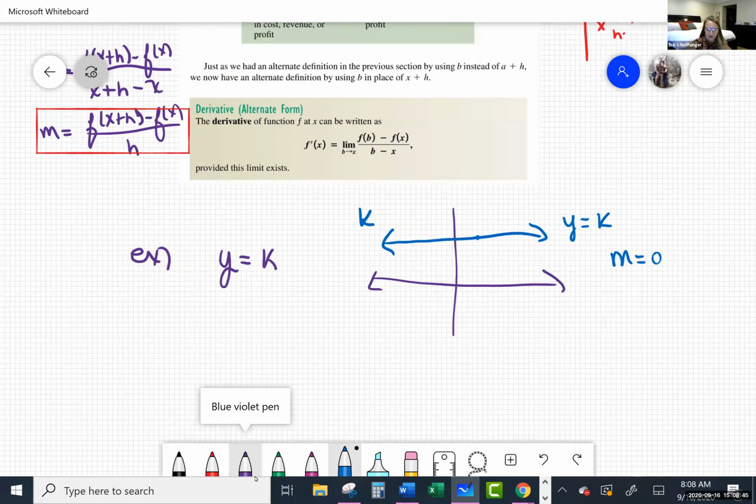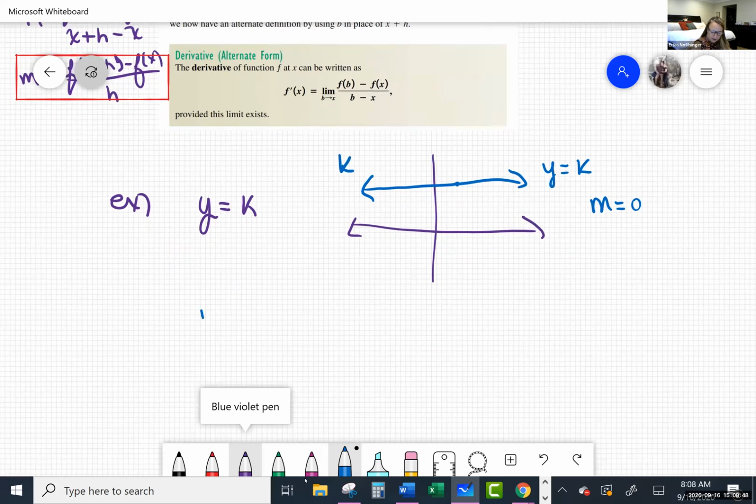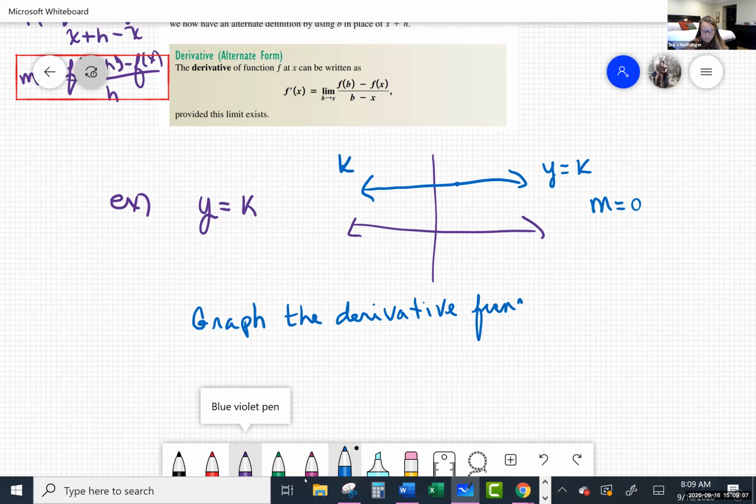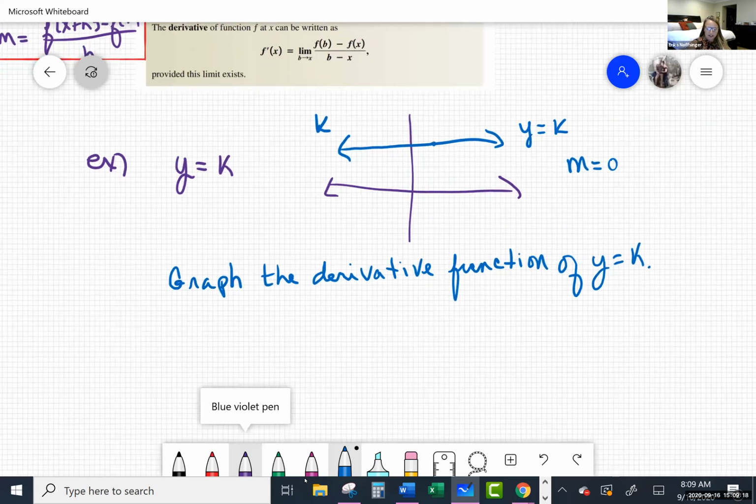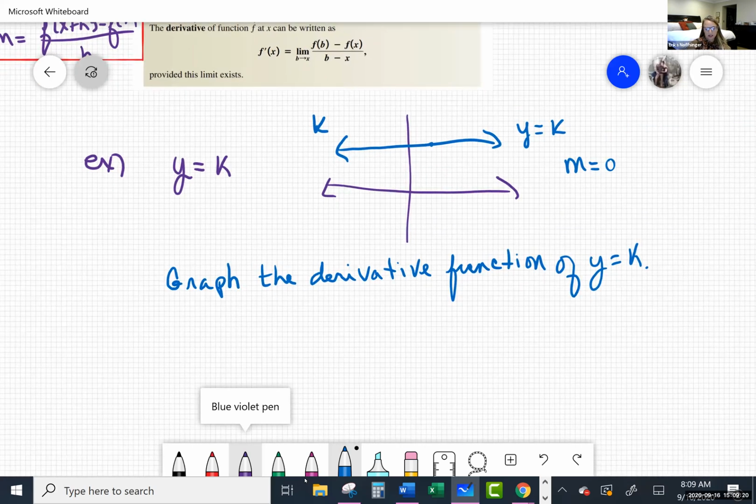If they ask us to graph the derivative of y, the derivative function, of y equals k, basically every point on there uses the same x values we have here.